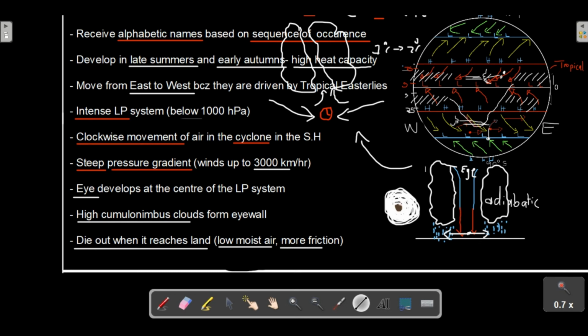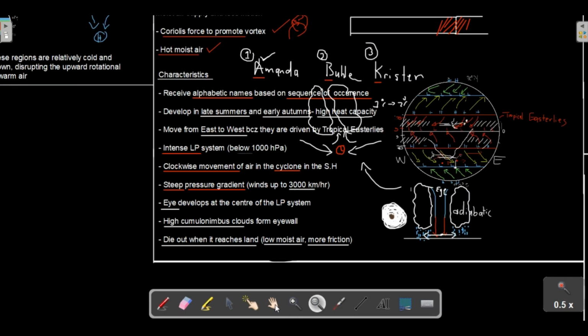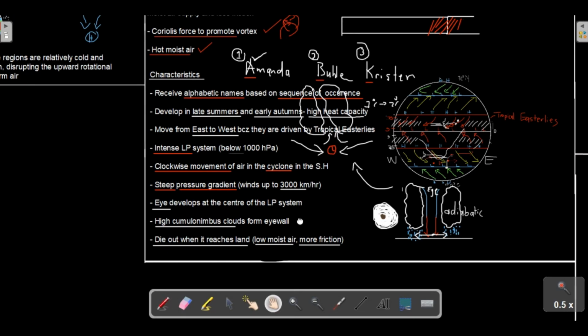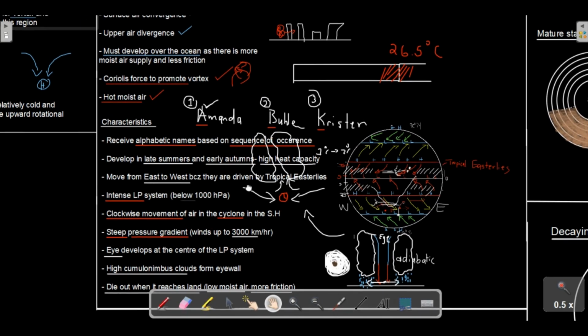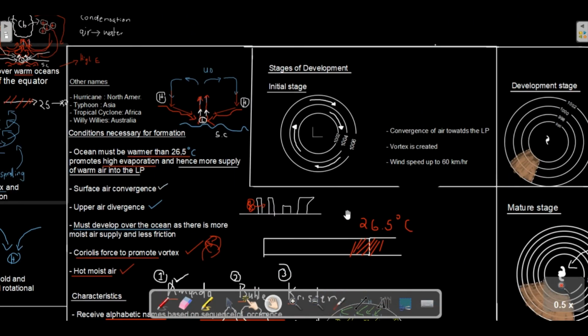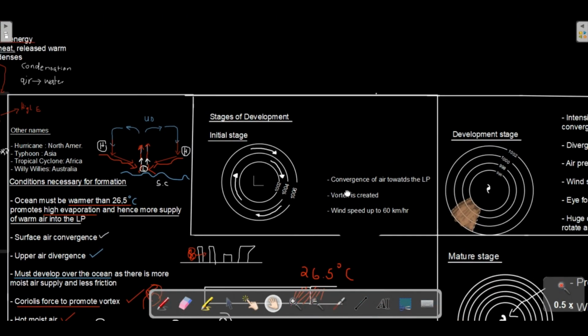Also, there are a lot of barriers there, a lot of buildings, so the tropical cyclone is slowed down as it is moving over the land. So when it reaches the land, that's where it reaches the decaying stage, or the last stage, the dissipating stage. Talking about stages, let's discuss the stages of development, guys.